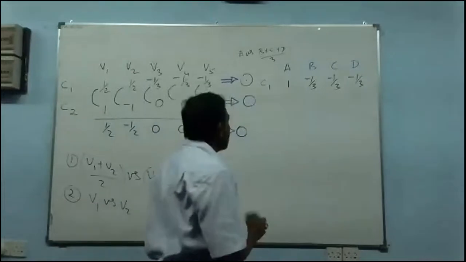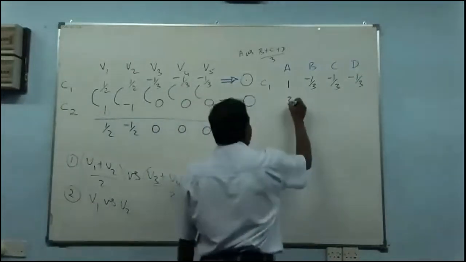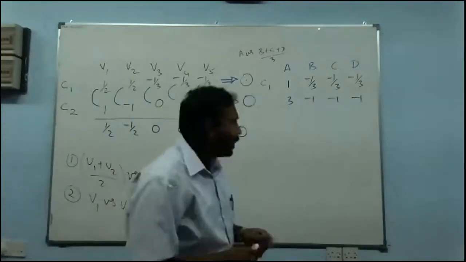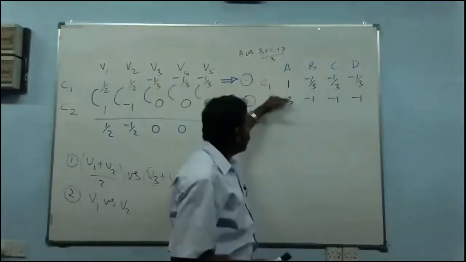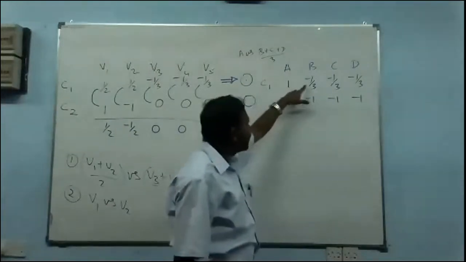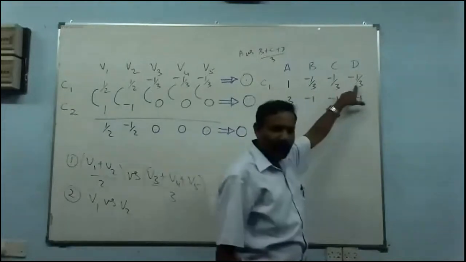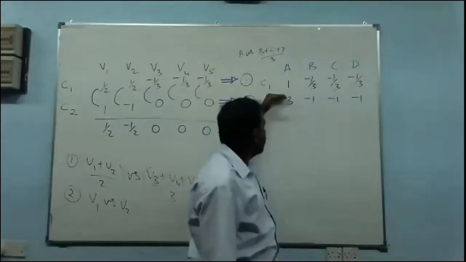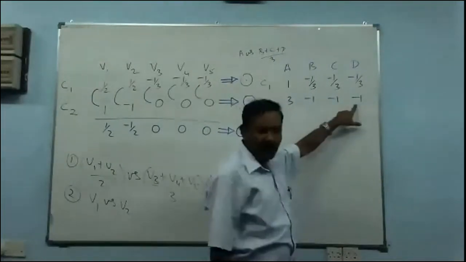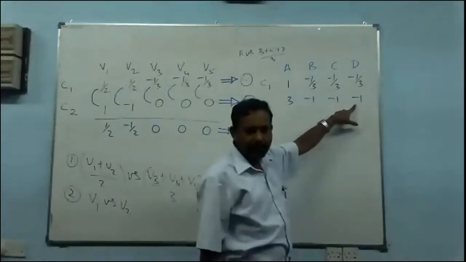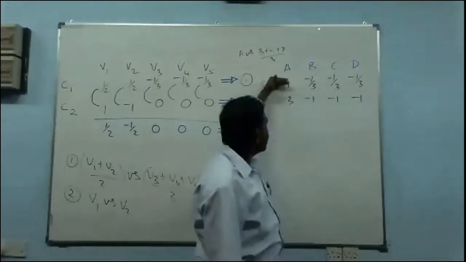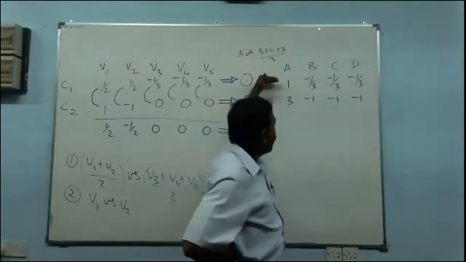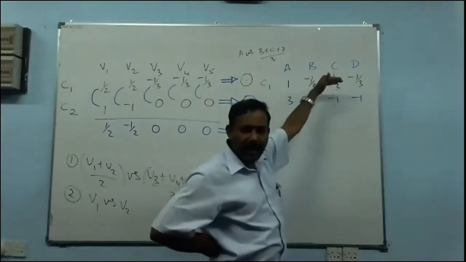If I put the coefficients like this, or instead put 3, minus 1, minus 1, minus 1, is there a difference between these two? No difference at all. Why? I have multiplied the whole set of coefficients by 3.